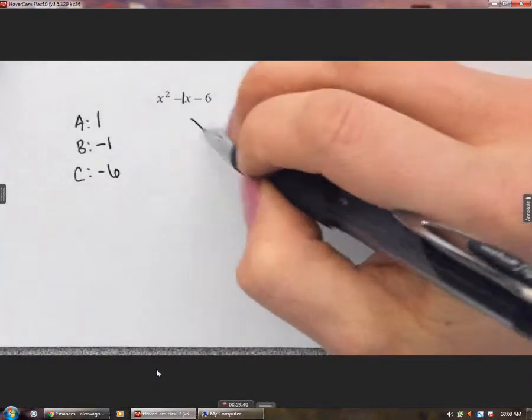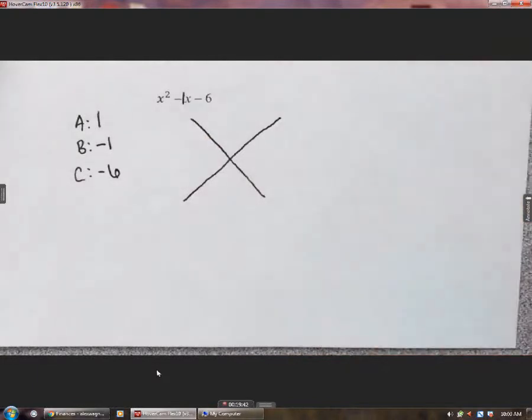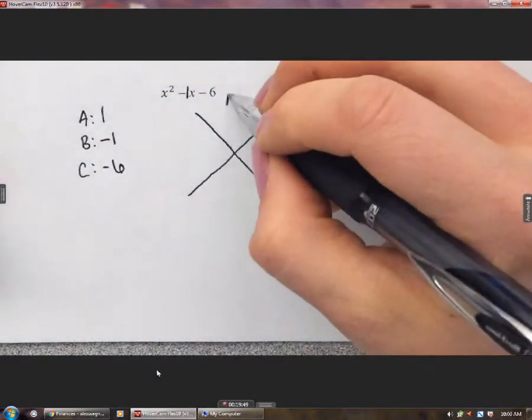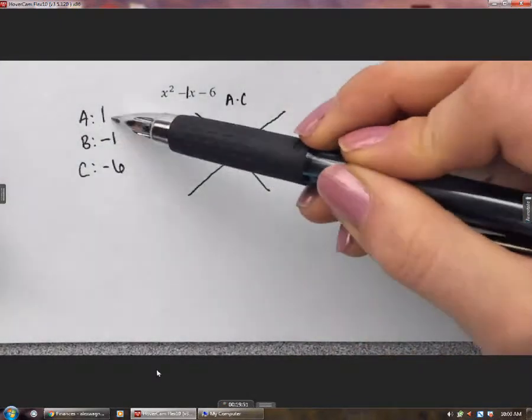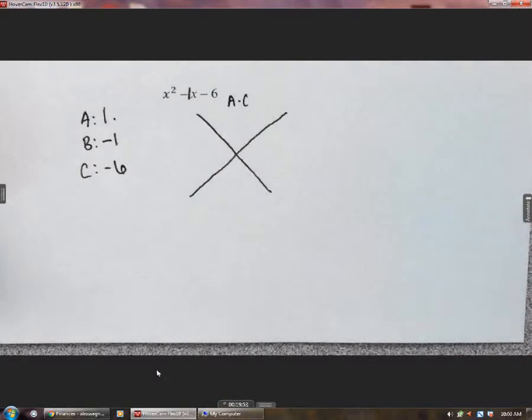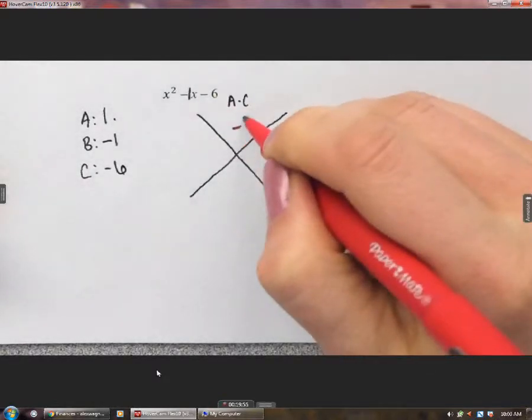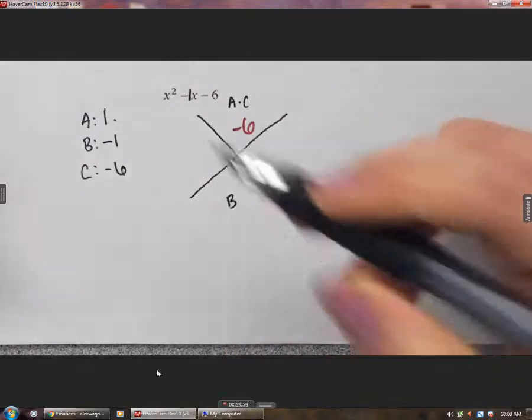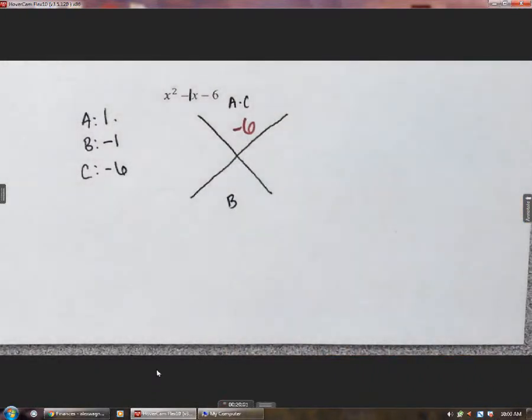I'm going to draw my magic X. So what goes on the top? A times C goes on the top, so 1 times negative 6 is negative 6. The number on the bottom is just the B value, which was -1.